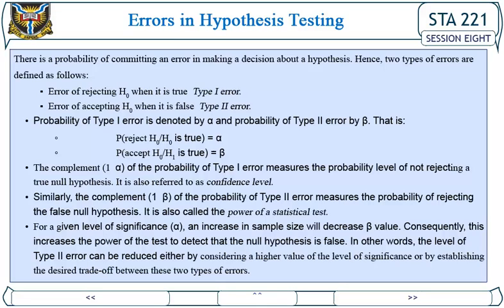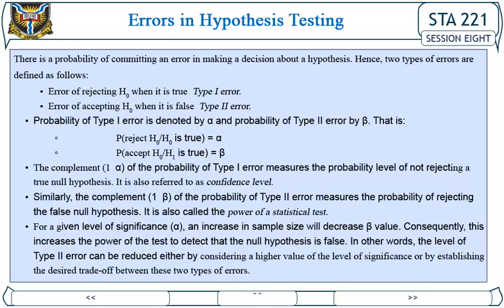That is, P(reject null hypothesis | null hypothesis is true) is equal to alpha.